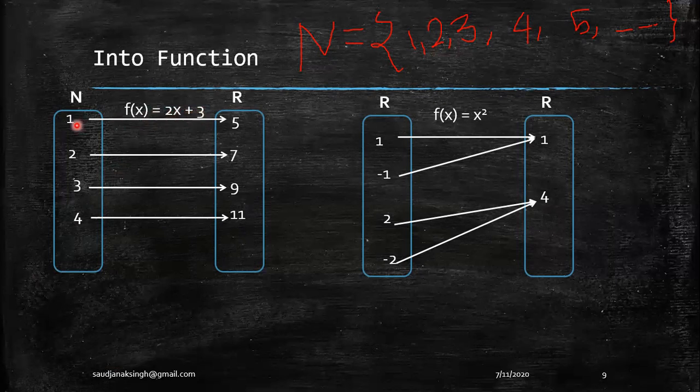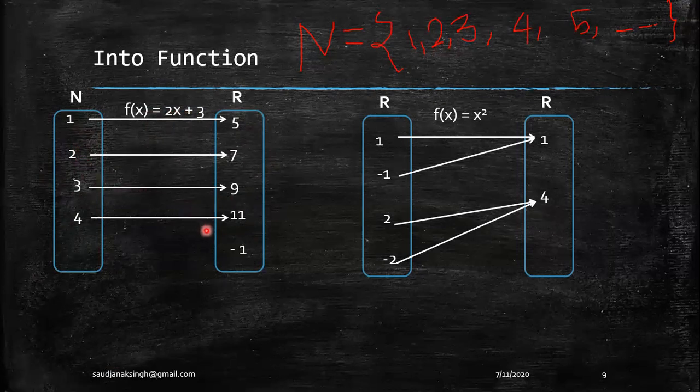If you write here 1 as input, you get 5. If you input 2, you get 7, 3, 9, and 4, 11. We get real numbers here. These are also real numbers, and these are the counting numbers from 1.